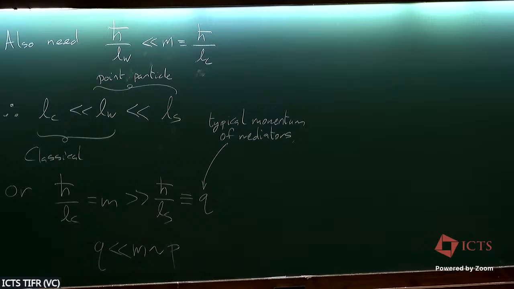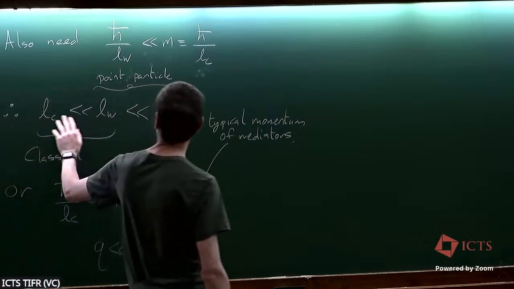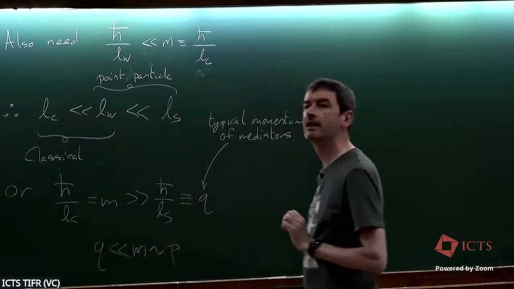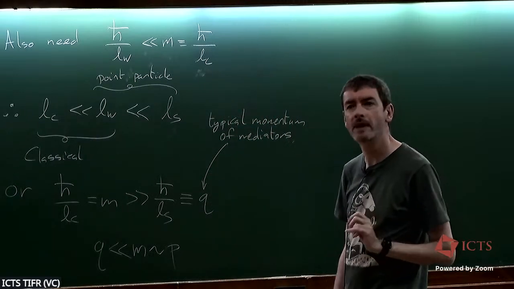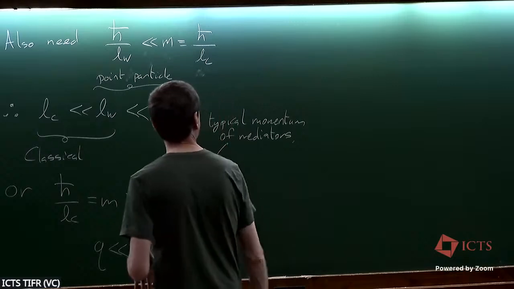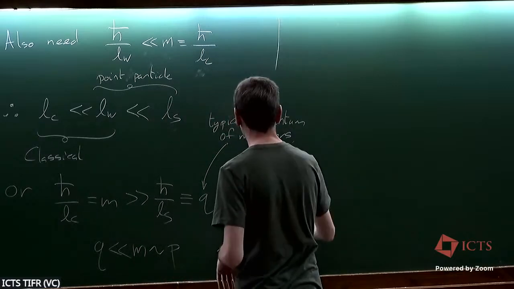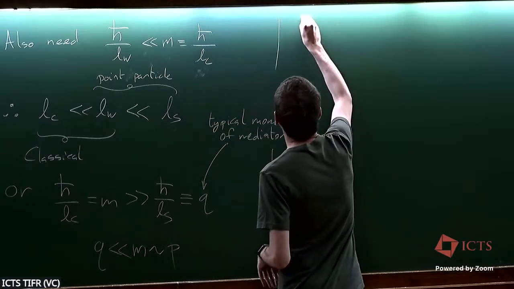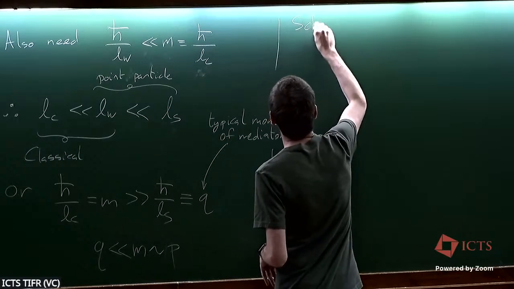Another comment. In gravity, there's another mass scale that we're very familiar with. That mass scale is the Schwarzschild radius, right? R_S is 2GM. So you might wonder what goes on here if you include that mass scale in the problem.